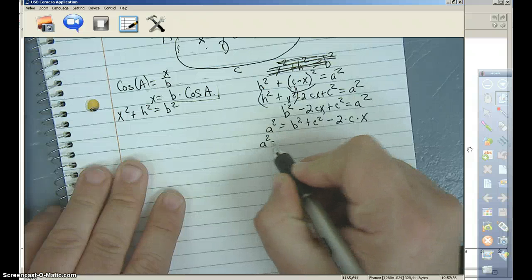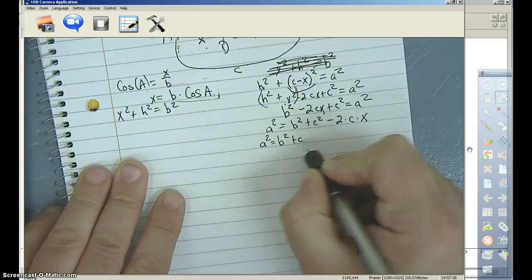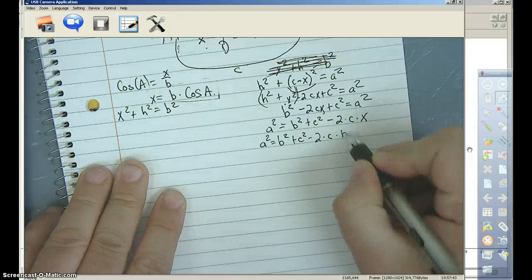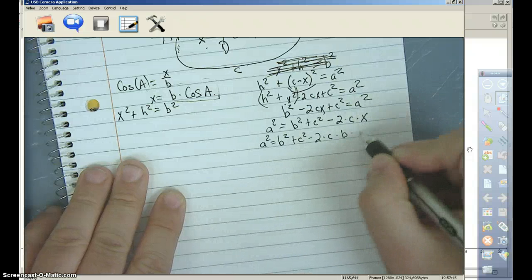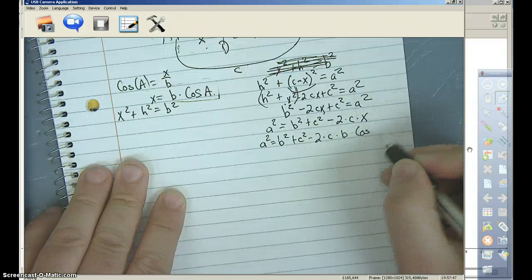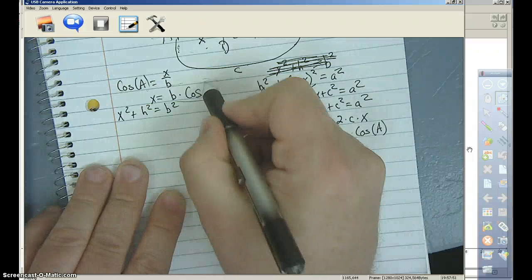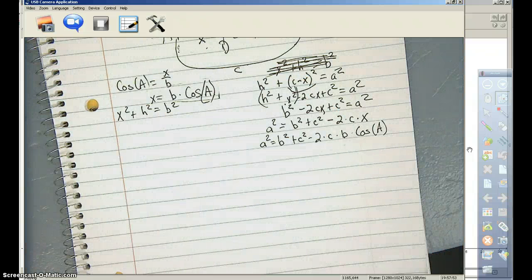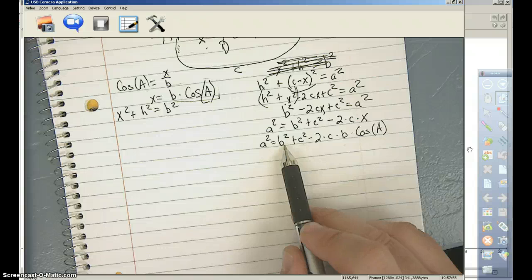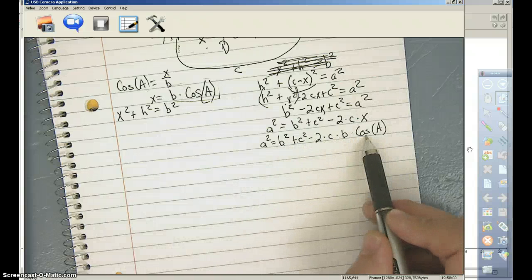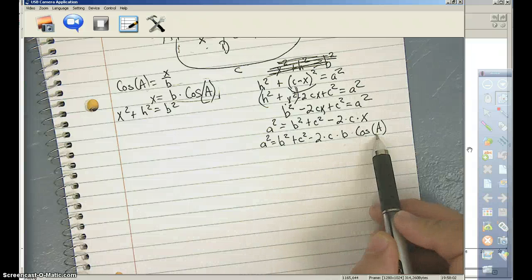A squared equals b squared plus c squared minus 2 times c times b times the cosine of A. All right, that was the cosine of A there, right? So a squared equals b squared plus c squared minus 2cb times the cosine of A.